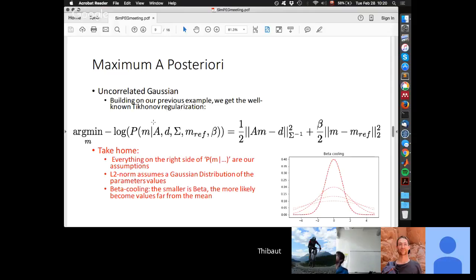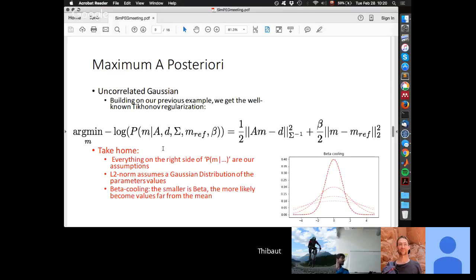For me, it was actually very nice to develop that, because this formulation makes very clear all the assumptions you're making. You assume that your noise, even if it's correlated, is Gaussian. You assume your model itself is drawn from a Gaussian distribution.